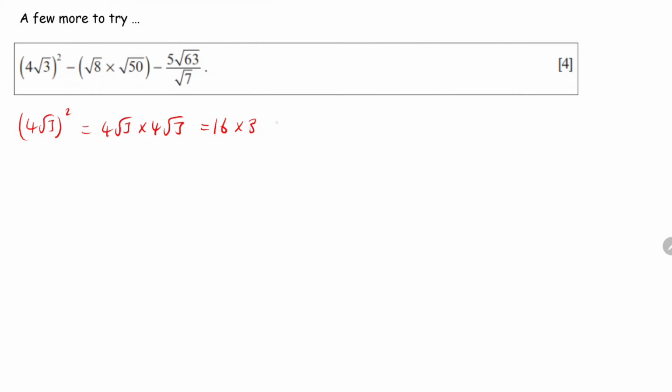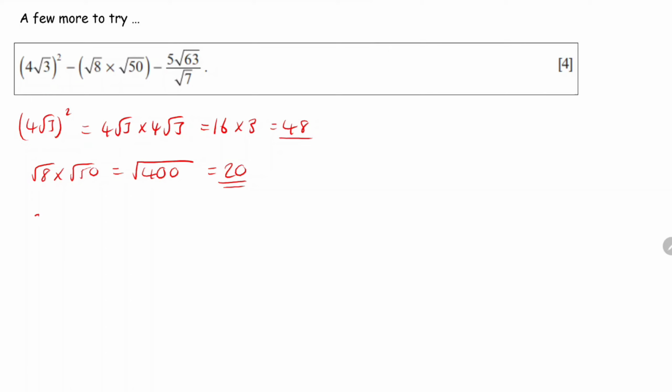So that gives us an answer of 16 times 3, which is 48. Middle term, we have root 8 times root 50, which gives us root of 400, which is 20.